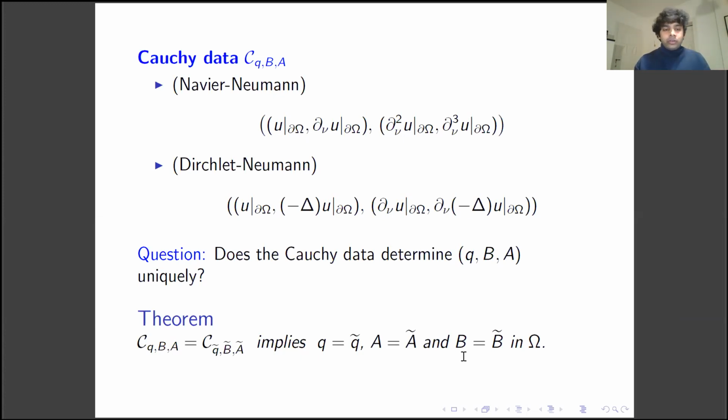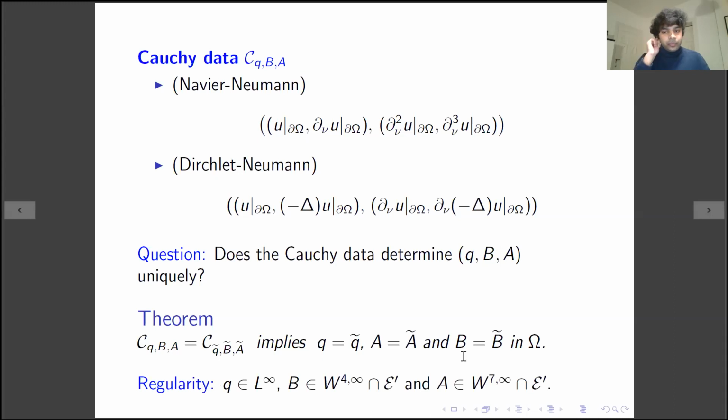But you can also do a little bit more, so you can also choose Q from the L infinity class and B from W^{4,infinity} intersection E prime. So we are choosing this, it's compactly supported, and A is from W^{7,infinity} intersection E prime. So these indices are not that important. We can reduce it later. The whole point is that we are interested in recovering B equals B tilde.